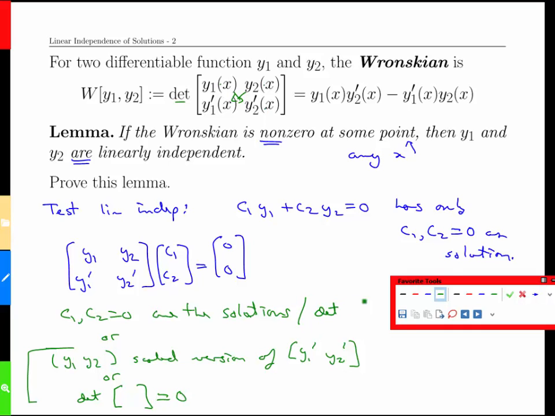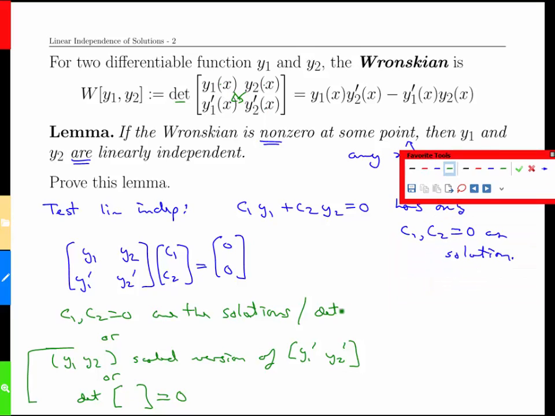Up here, the solution can only be c1, c2 equals 0 if the determinant of the matrix that we just built is not equal to 0, or the matrix here is invertible. There's some lovely linear algebra with this. If you haven't seen it before, please do take a look at basic matrix algebra and the idea of solutions to linear systems of equations.